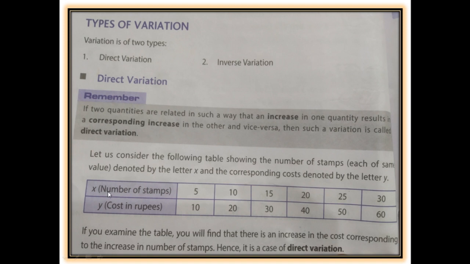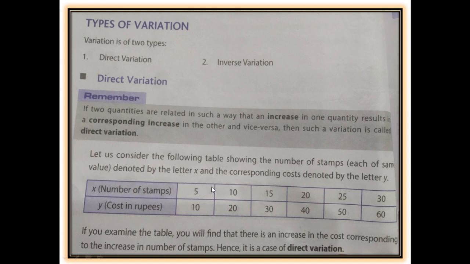Another example for direct variation is, see, in this row the number of stamps and in this row the cost in rupees. If I was buying 5 stamps, then I spent 10 rupees.